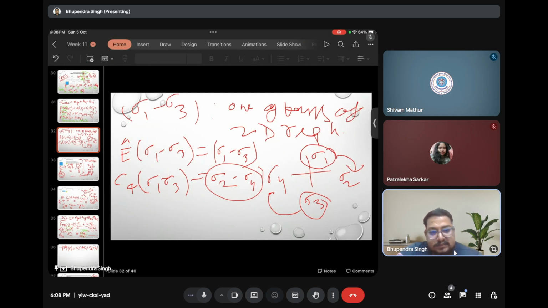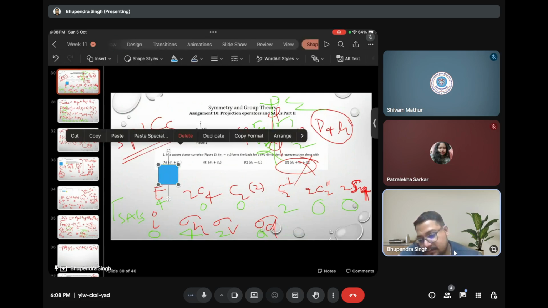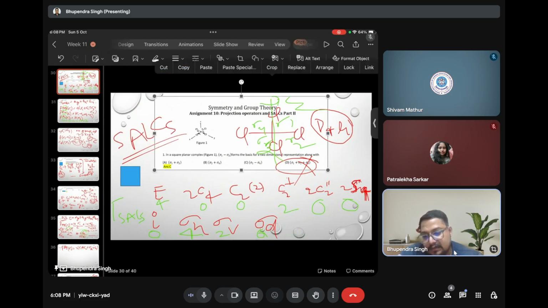So is this matching with your answer? This can be the possibility, one of the bases of the 2D representation other than sigma 1 minus sigma 3. So what is sigma 2 minus sigma 4? Yeah, so option C I am able to see. This is correct.